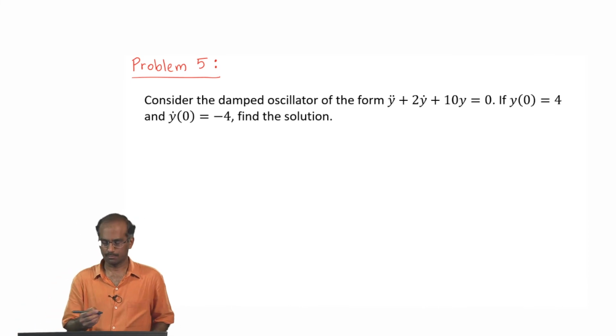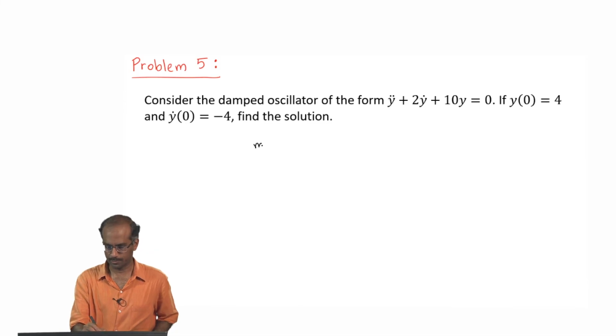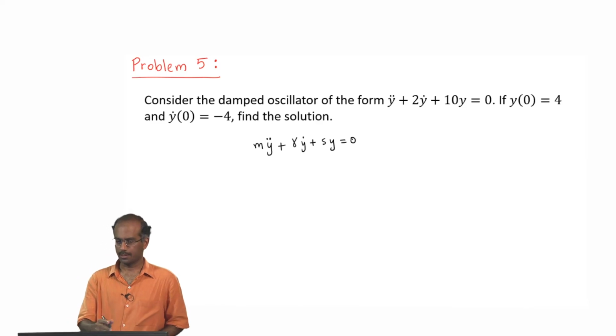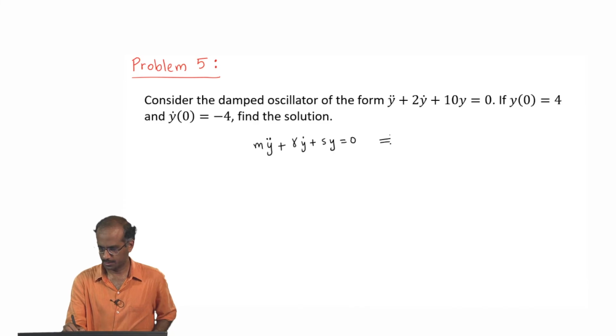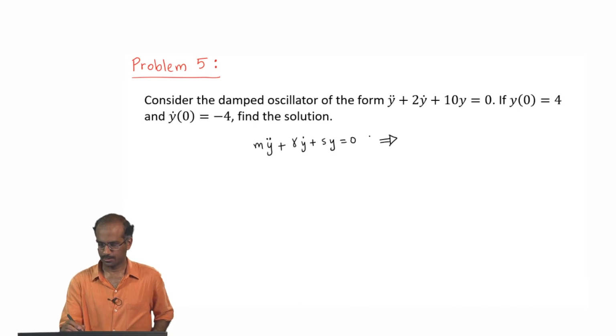Let us start from the equation of motion for the damped oscillator. M y double dot plus gamma y dot plus s y is equal to 0, and I will divide throughout by m, so that I can make it similar to the equation that is given here.